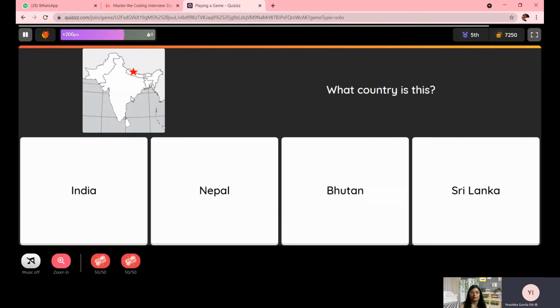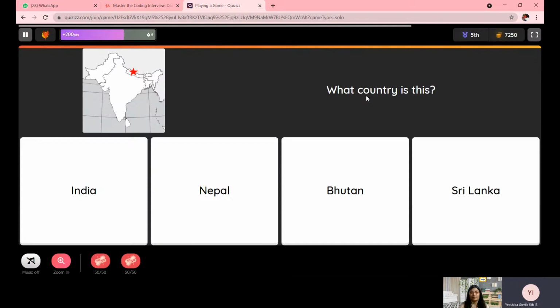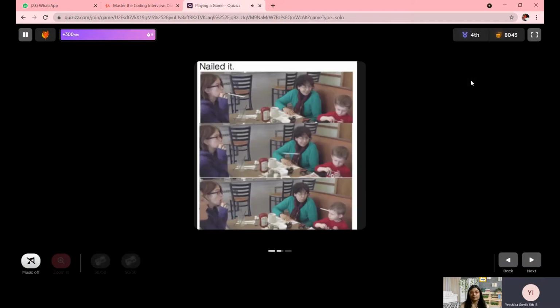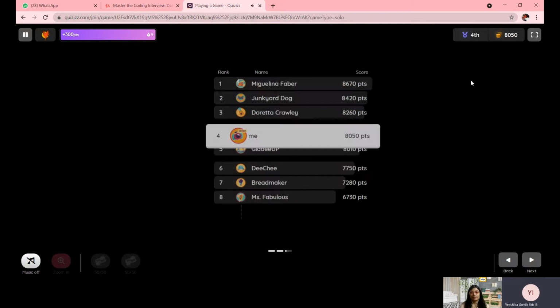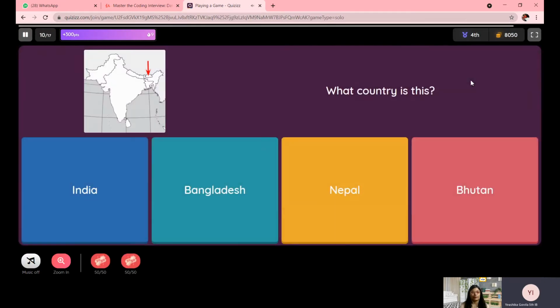What country is this? I think this should be Bhutan. So I'll help you. See, Bhutan is smaller in size. Nepal is kind of wider. So Nepal. What country is this?